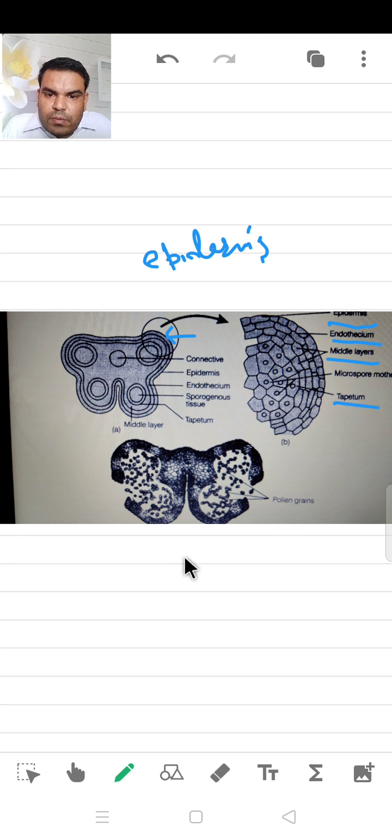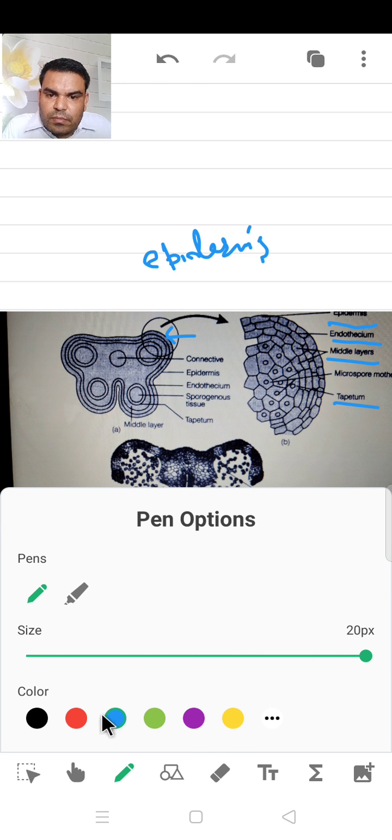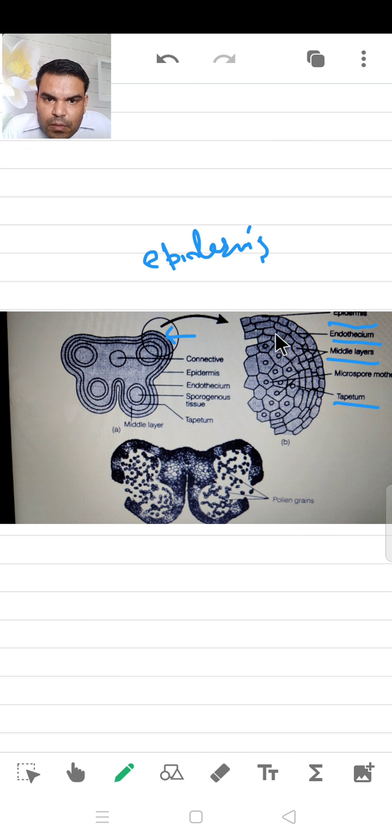This layer is known as tapetum. Now what is tapetum and what are the functions of tapetum? Tapetum is the inner layer, or you can also call it the outer layer, of the sporogenous tissue, which protects the sporogenous tissue.